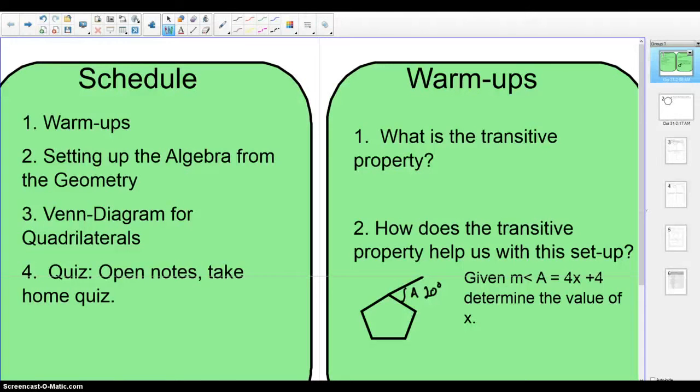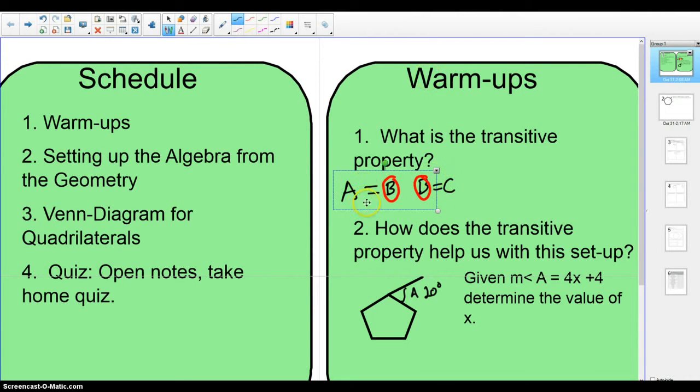For our warm-ups, in problem number 1, we're asked, what is the transitive property? The transitive property is the one that says if we have two equalities, like A equals B and B equals C, if our two equalities have the same value in them, for instance in this one, both equalities have the value B, anytime that happens, we can say that the two things that aren't in common are also equal.